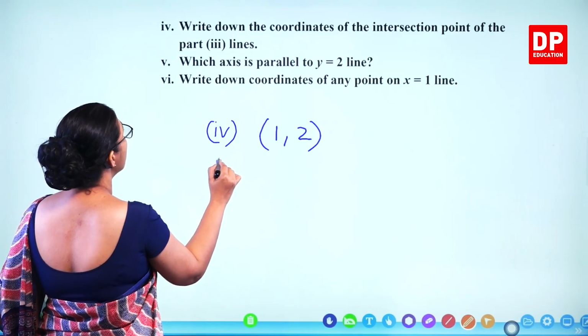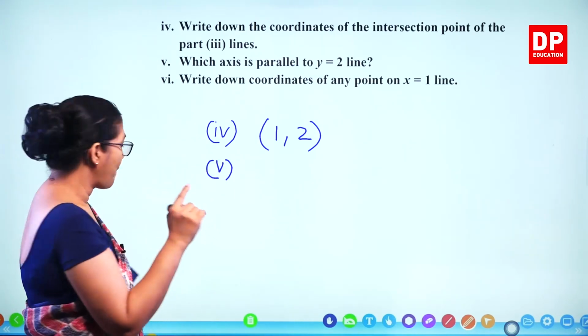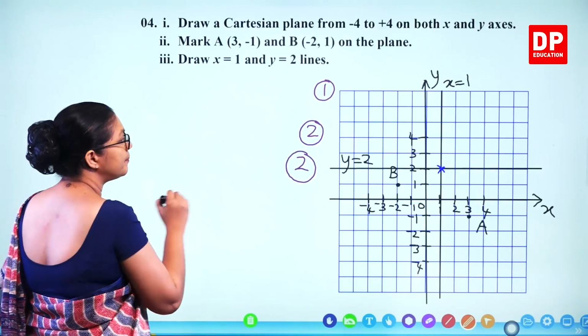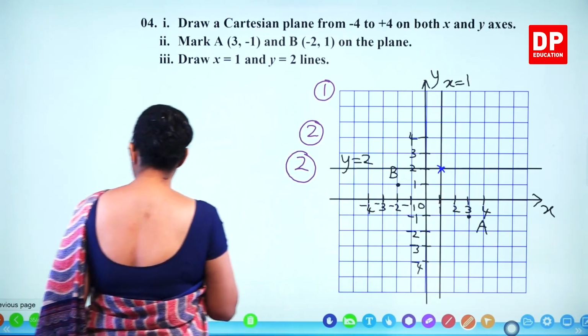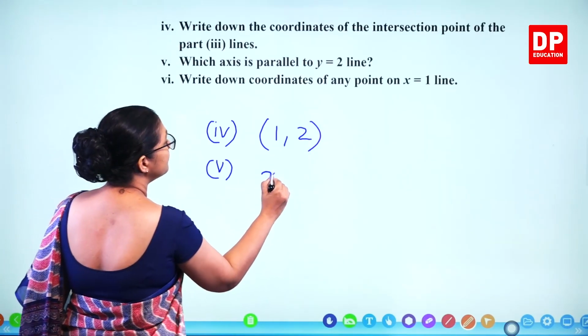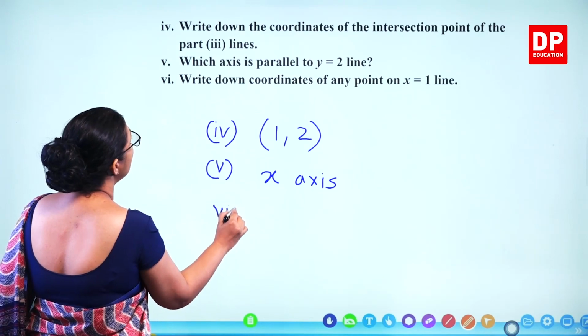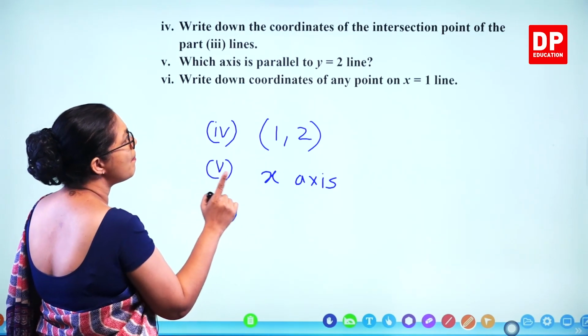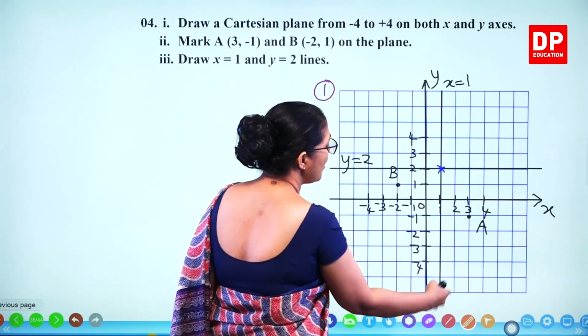Then the fifth one, which axis is parallel to the y equals 2 line? The y equals 2 line is this one. That's parallel to the x-axis. And write down the coordinates of any point on the x equals 1 line. You can take any point.